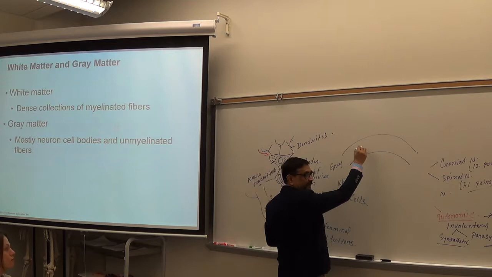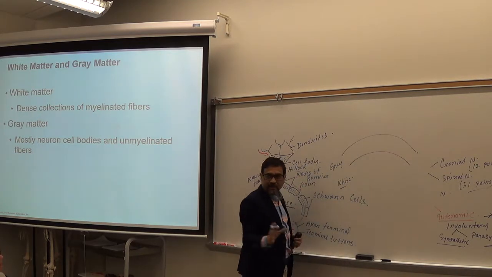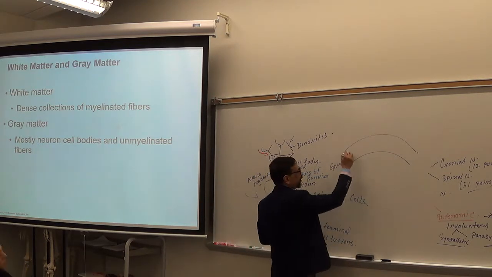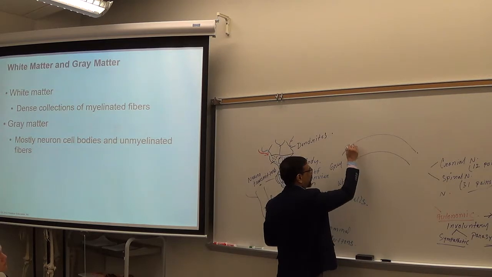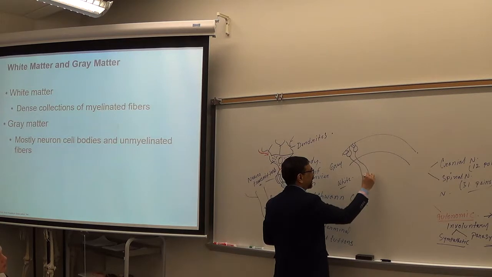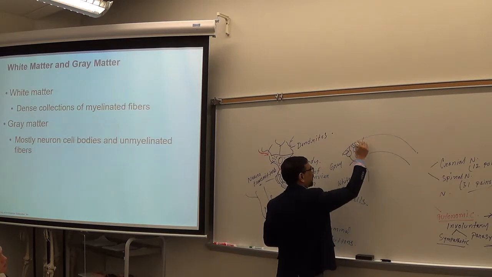Now, if you see the gray matter under the microscope, you'll see many cell bodies. These are dendrites, axon, axon, axon.